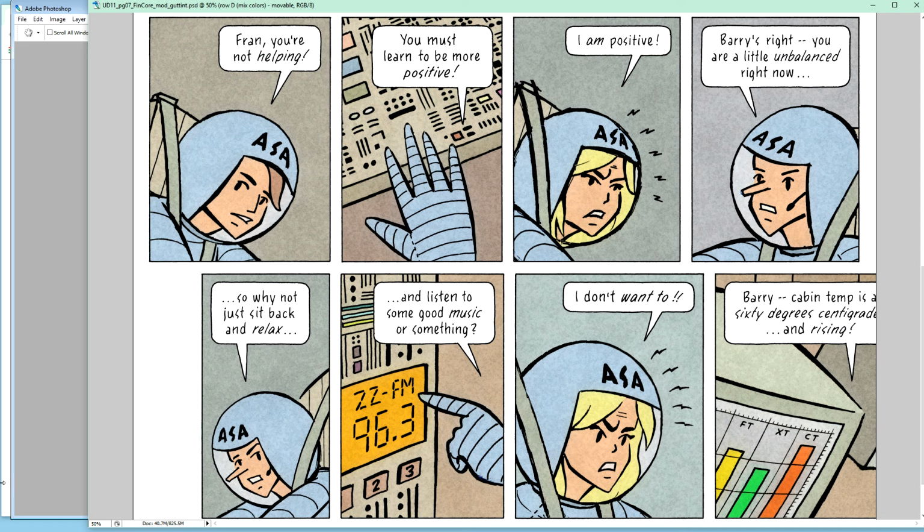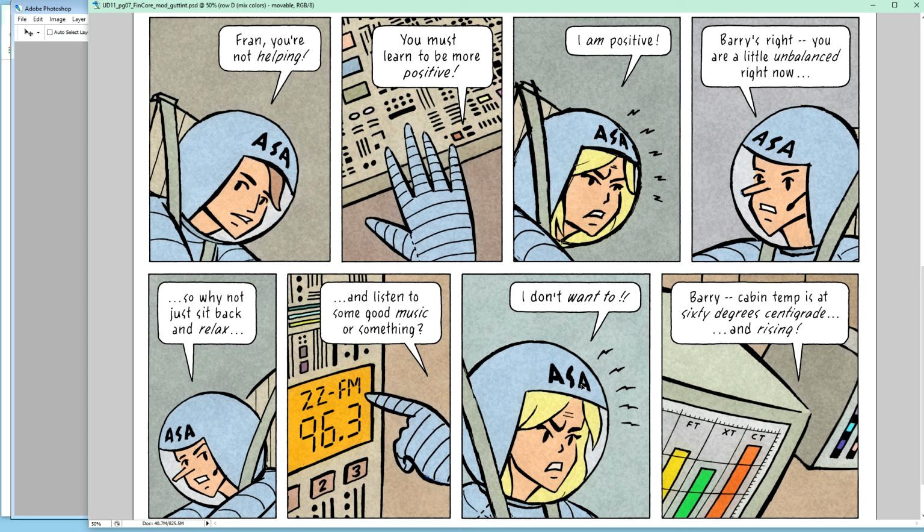I made a test before the video started here. I forgot to reset it, but D is movable, so I can move this.